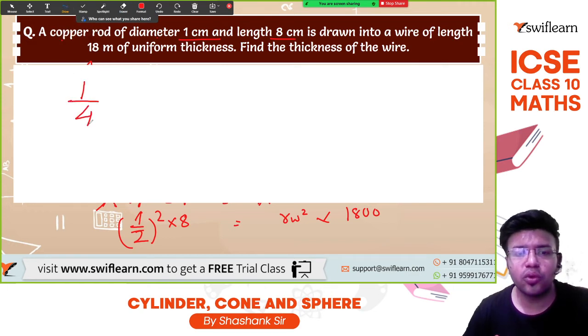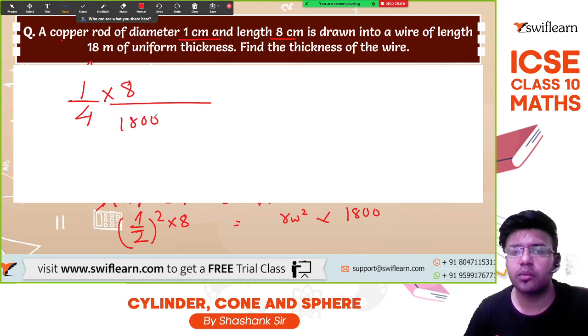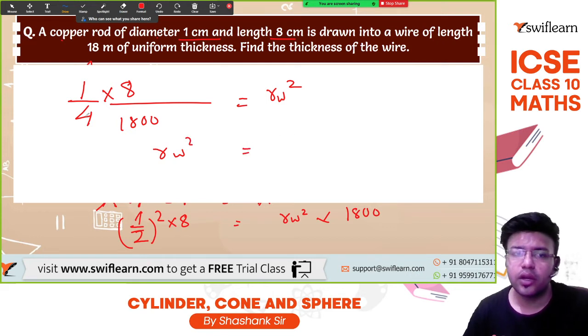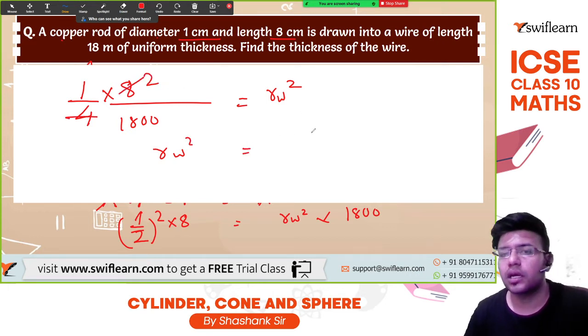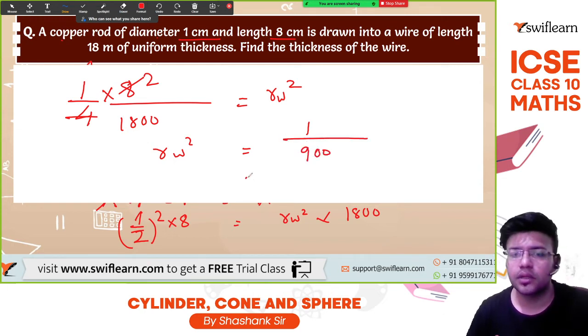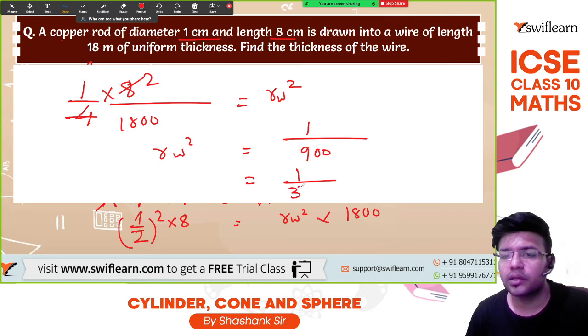1 by 4 into 8 divided by 1800 is equal to RW square, radius of the wire square. 4 ones are 4, twos are, 2 ones are 2, nines are. This is nothing but 1 by 3 square into 10 square, RW square.